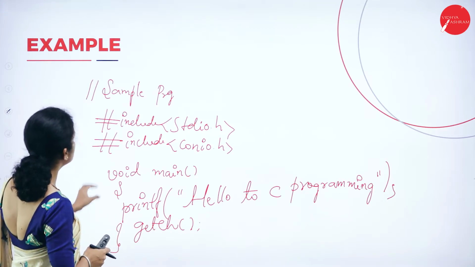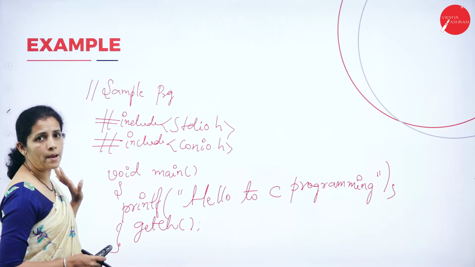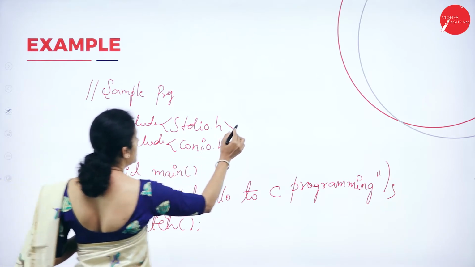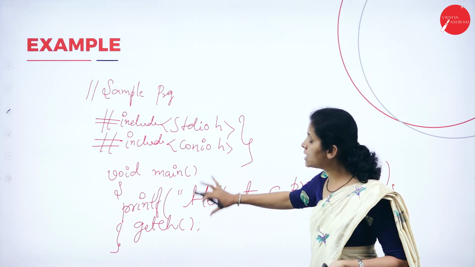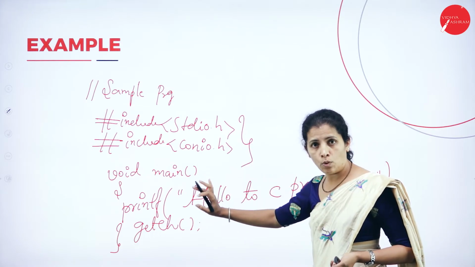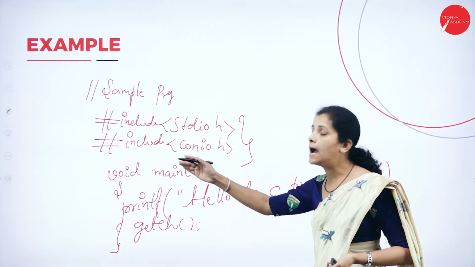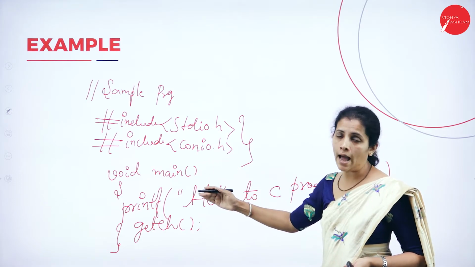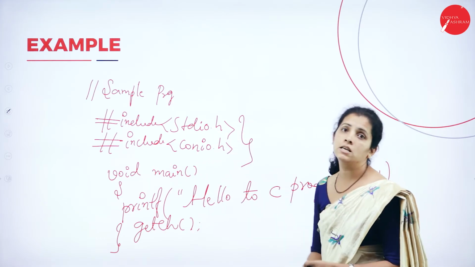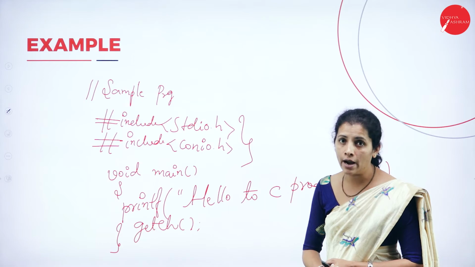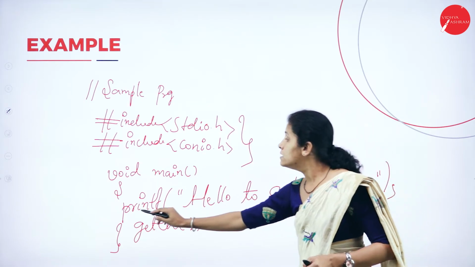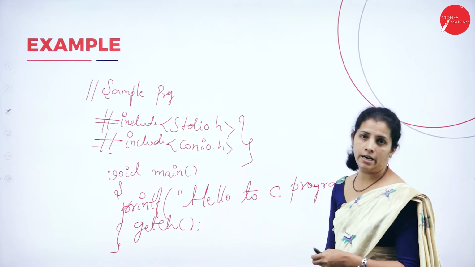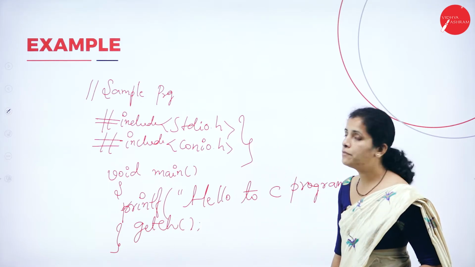So dear student, this is the simple program and this is my link section. That means whichever functions I'm going to use in my program, I want to make use of those functions, and for that reason I want to include the header file, because this header file contains functions like printf or the main function.